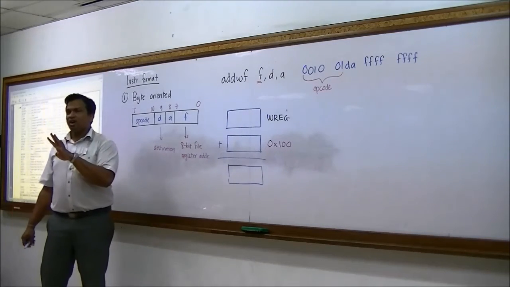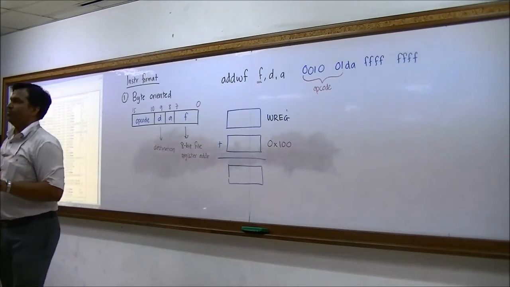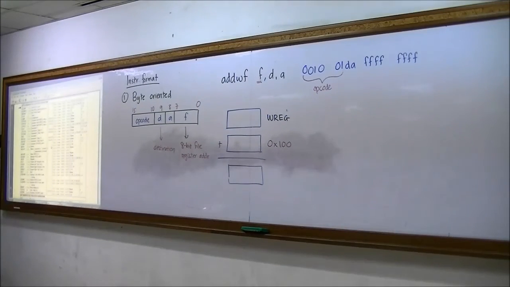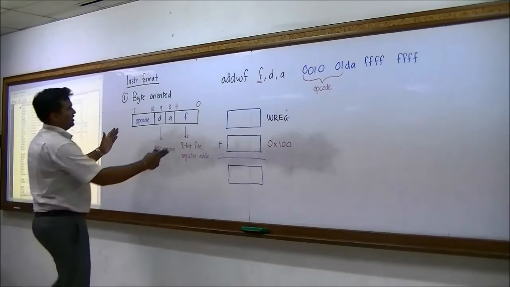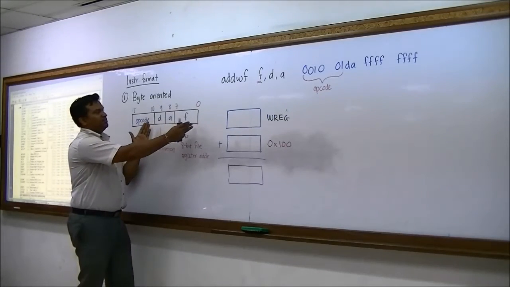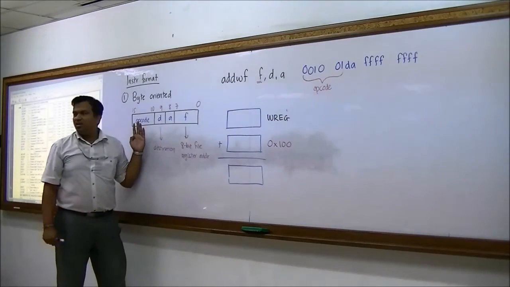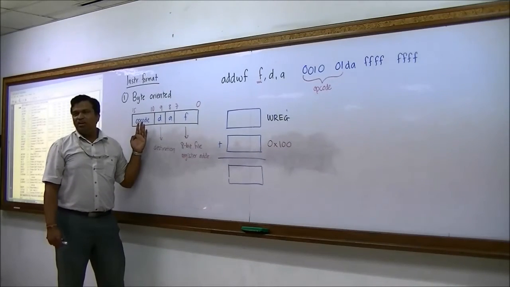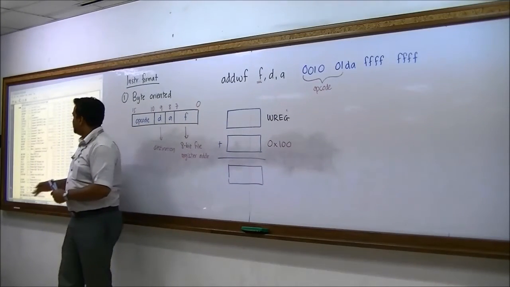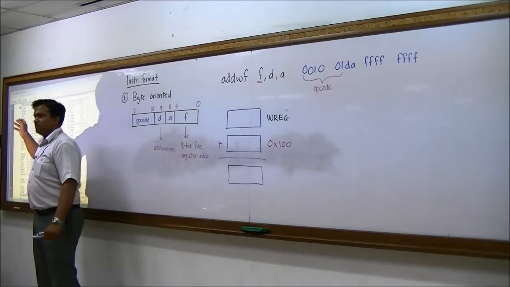With 4 bits, how many combinations can you have? 16. So out of 16, if you allocate 12 bits for the address only, you will have only 4 remaining. With 4, you can have only 16, then you can only have 16 instructions.